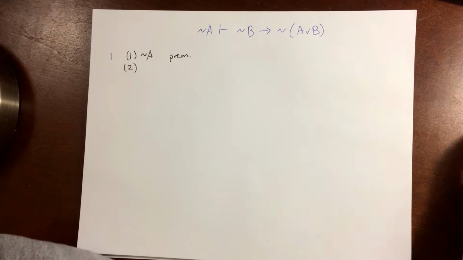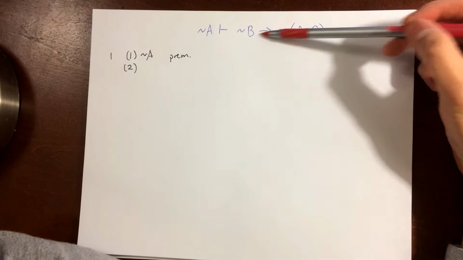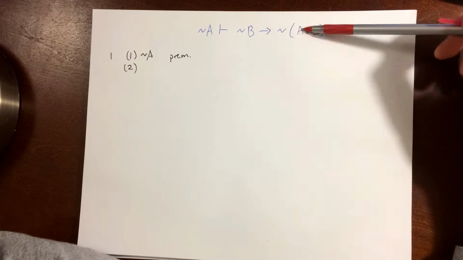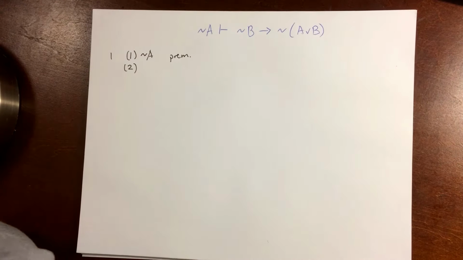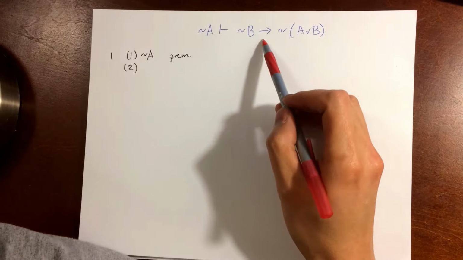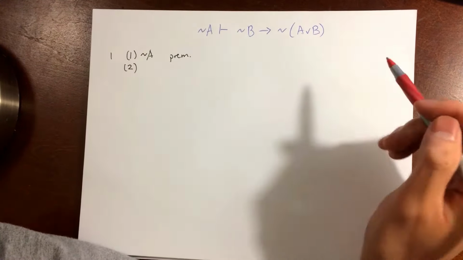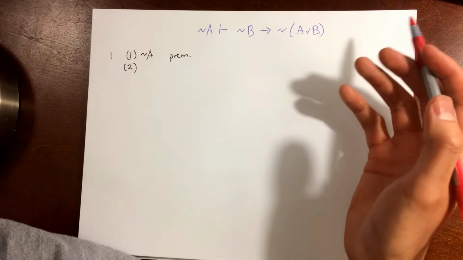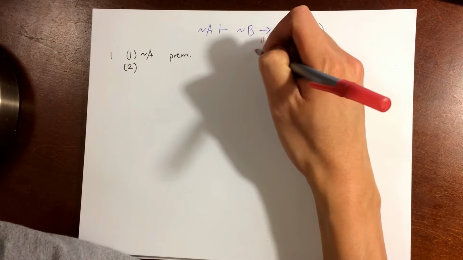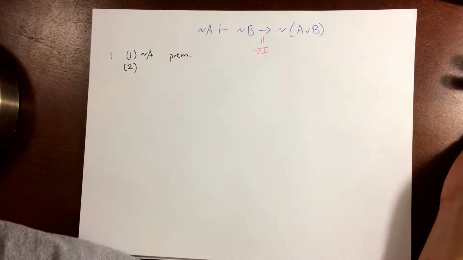But in reverse engineering, what you actually do is look at your conclusion and you try to think about what you would need to make the conclusion, which is very, very helpful. So if you see here, the conclusion is a conditional, and to make a conditional, you would use the rule of arrow introduction.